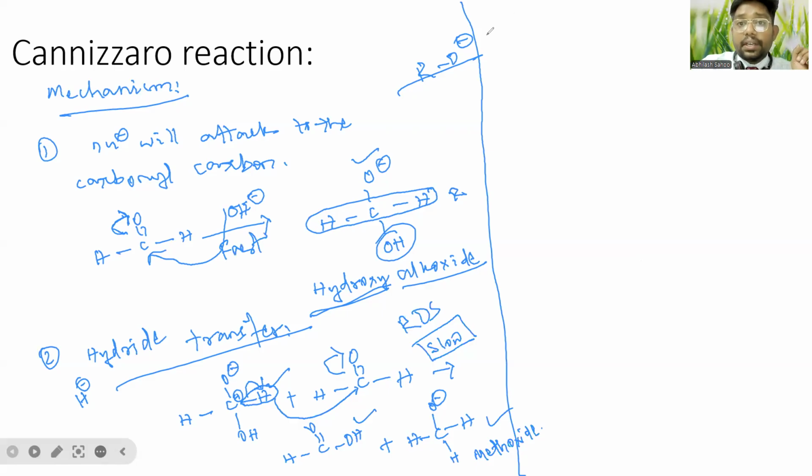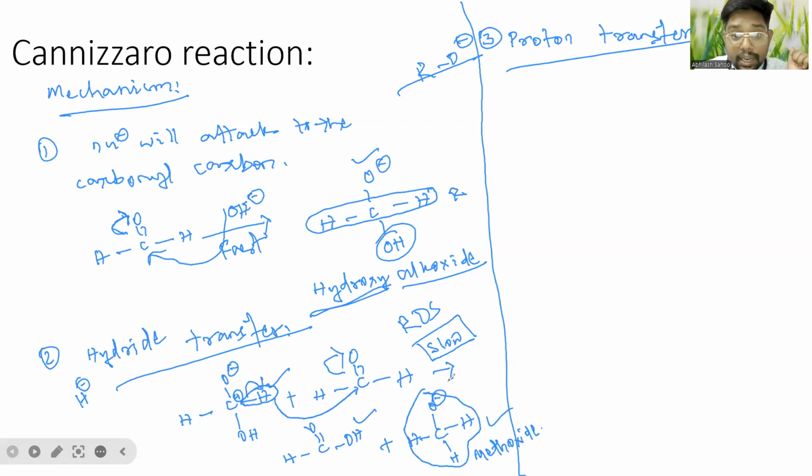Now in the third step, what happens? Proton transfer occurs. Second step, hydride transfer, and third step, proton transfer. How? This methoxide CH3O minus will act as a base, and a base can abstract active hydrogen.